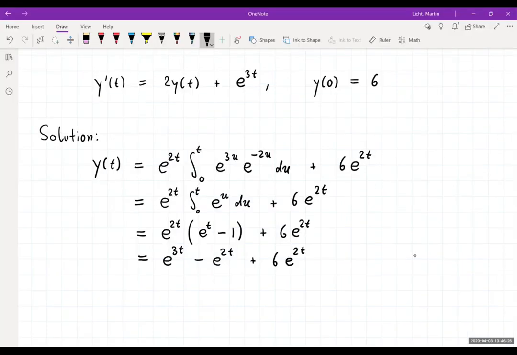Let us take a look at a short example. Suppose I've got the following differential equation. y prime of t is equal to 2 times y of t plus exponential of 3 times t. And the initial condition at t equals 0 is y0 equals 6.